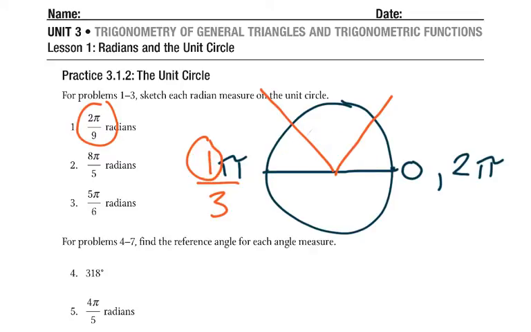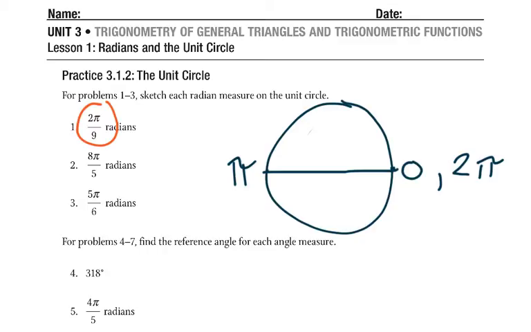So what we need to do is look at that bottom number. First thing we always need to remember is that 1 full pi is only half a circle. If we double it, that's when it's the full circle. So we're not dealing with a full circle when we just talk about pi. So I look at the bottom of my fraction, 9. I need to cut this up into 9 pieces.